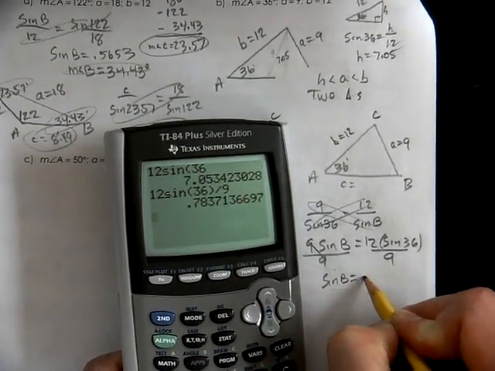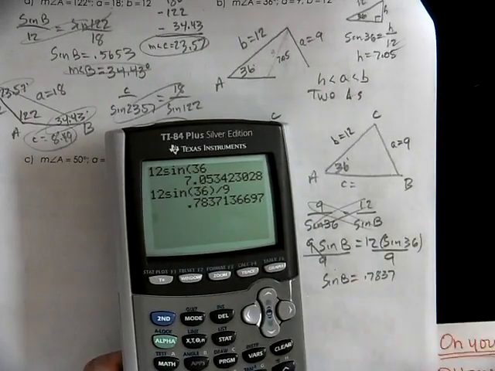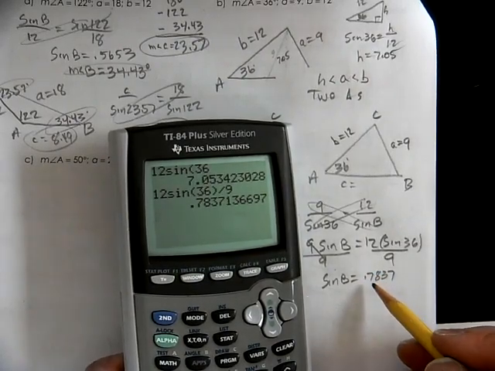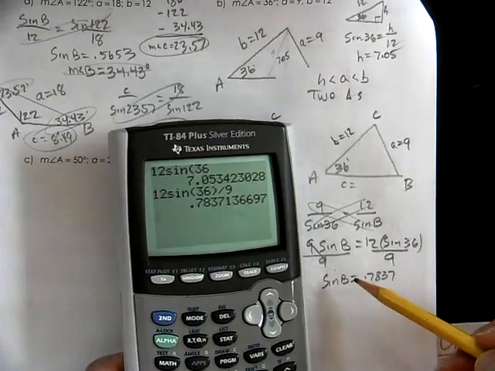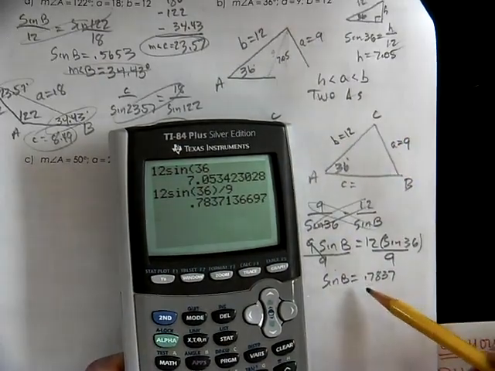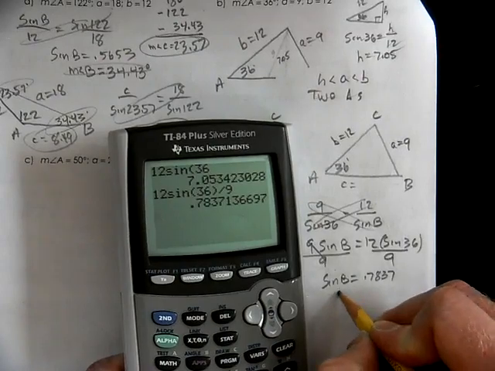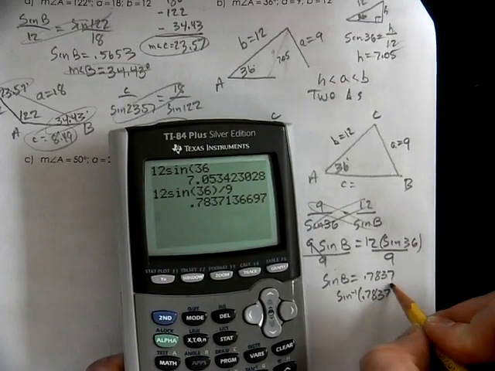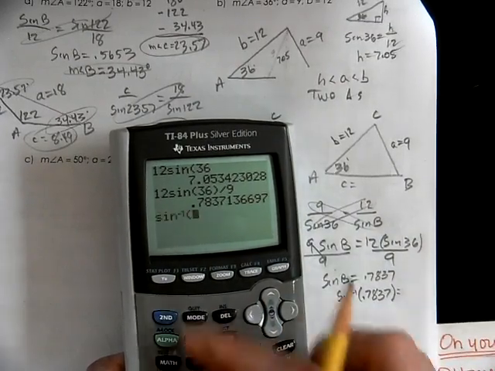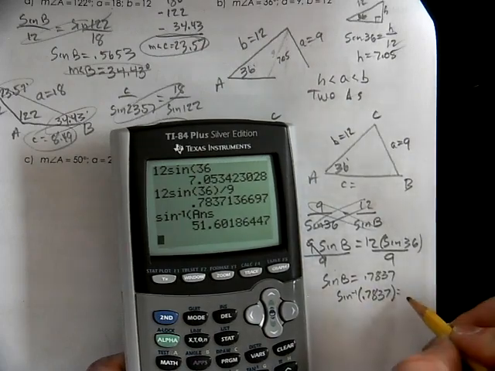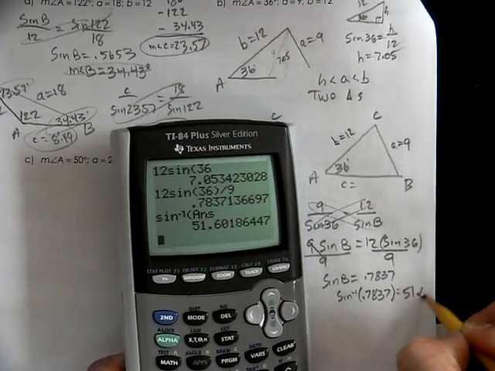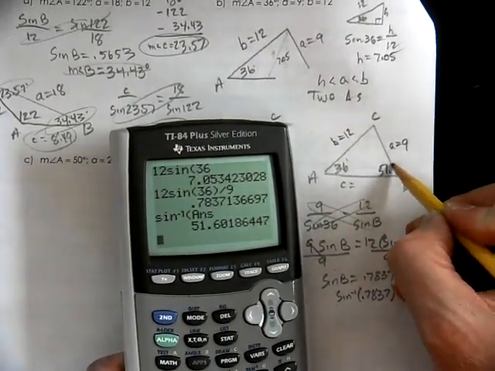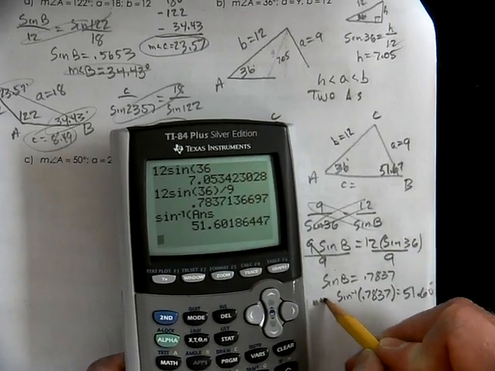That is giving me a value that is less than 1. That's a requirement. That tells me there's going to be 2 triangles. So you don't even really need to know that. You can just do law of sines to figure out if this exists. Anyway, sine inverse of 0.7837 is going to be 51.67 degrees. That's the measure of angle B.